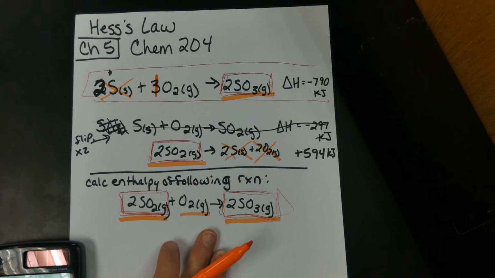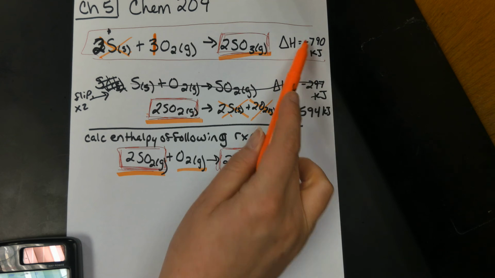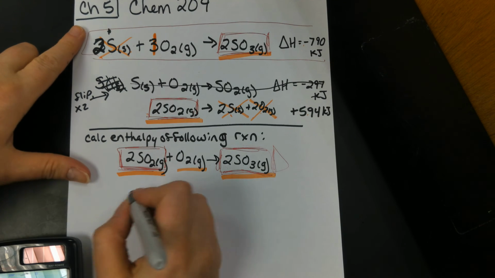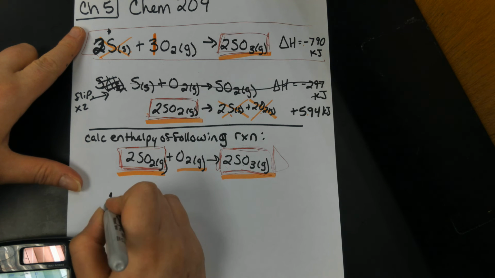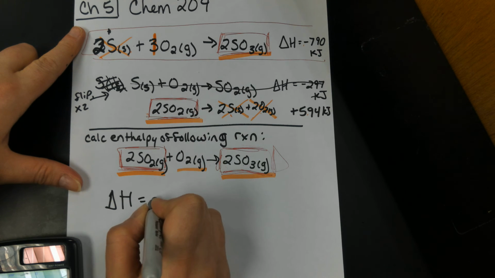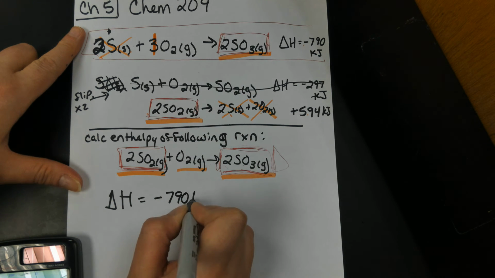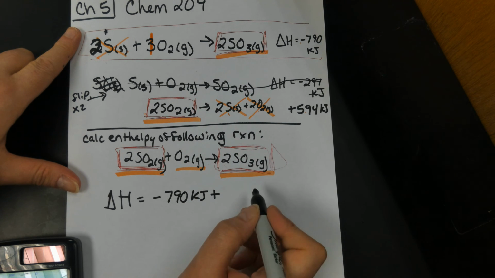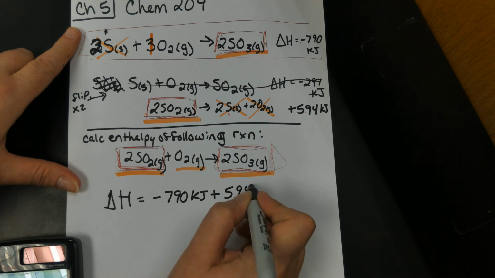So what's my final step? Total up the enthalpies. Delta H is going to equal negative 790 kilojoule plus a positive 594 kilojoule.